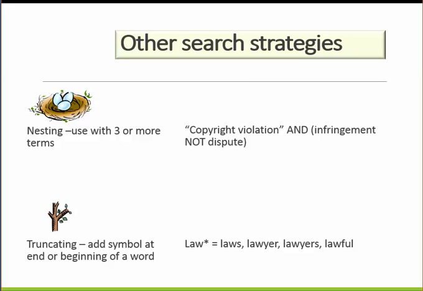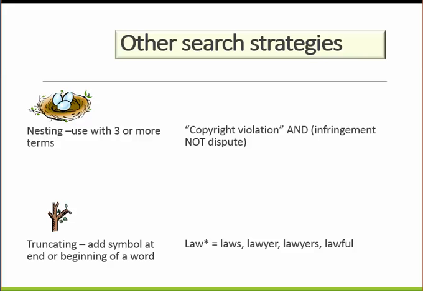There are some other more advanced search strategies that you can use, which would include using phrasal searching with more than one Boolean search term, such as copyright violation as a phrase, and perhaps you want articles with infringements in the title or abstract but not dispute.